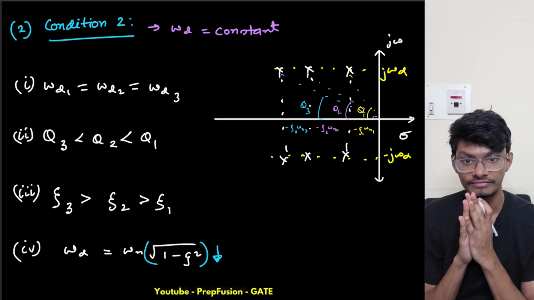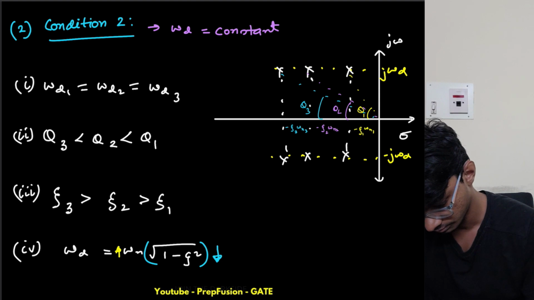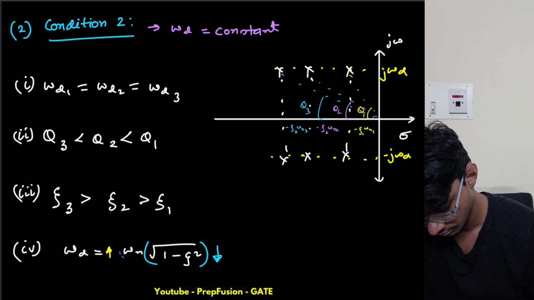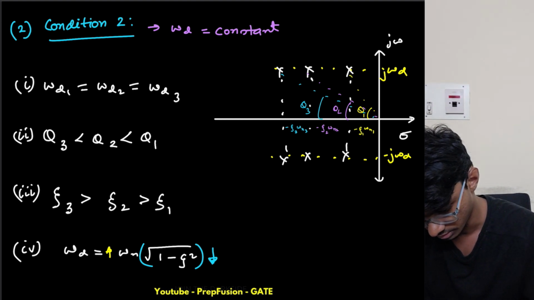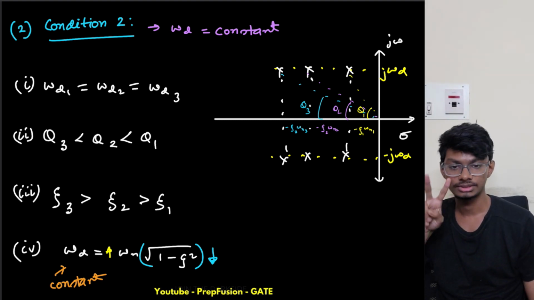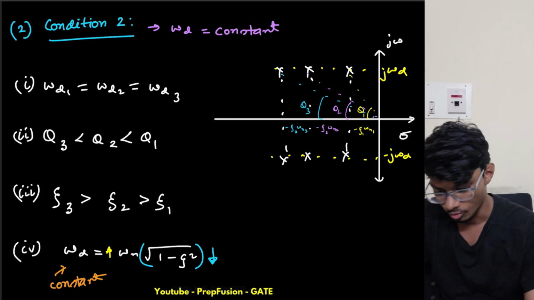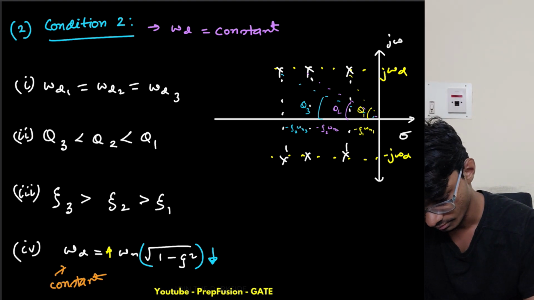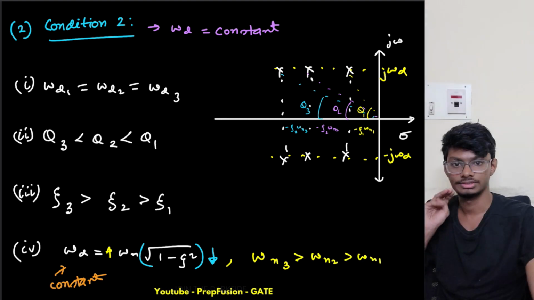If this is constant, then omega n will increase. So omega n3 will be greater than omega n2, greater than omega n1, okay. So these three will increase.